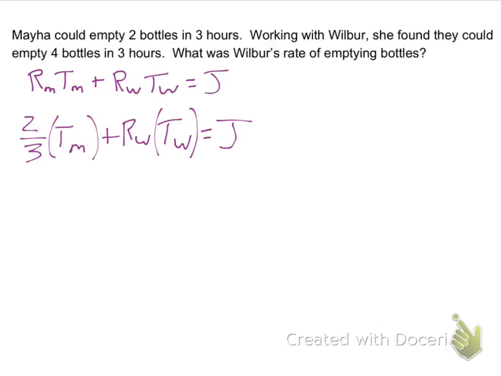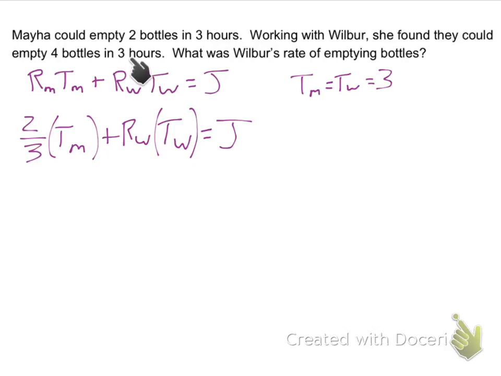So you're saying that TM is equal to TW? But that itself equals what? The together time: 3 hours. It says it right here.